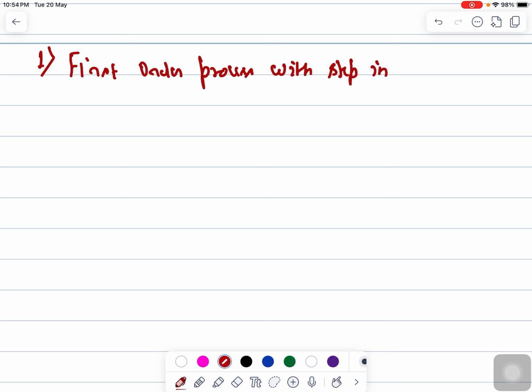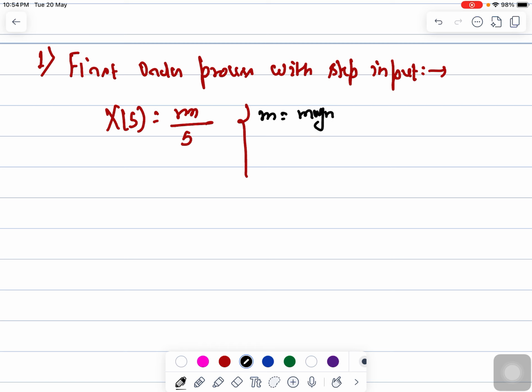Here X(s) is equal to M divided by s, where M is the magnitude of the step input. If you recall my previous lecture, I discussed all of these inputs: step input, ramp input, sinusoidal input and impulse input, right? So X(s) is the input that I already described.